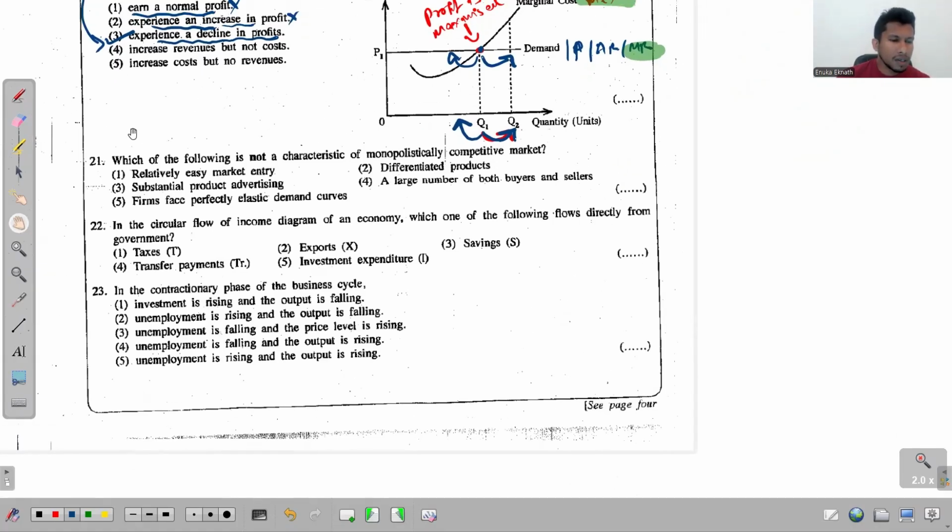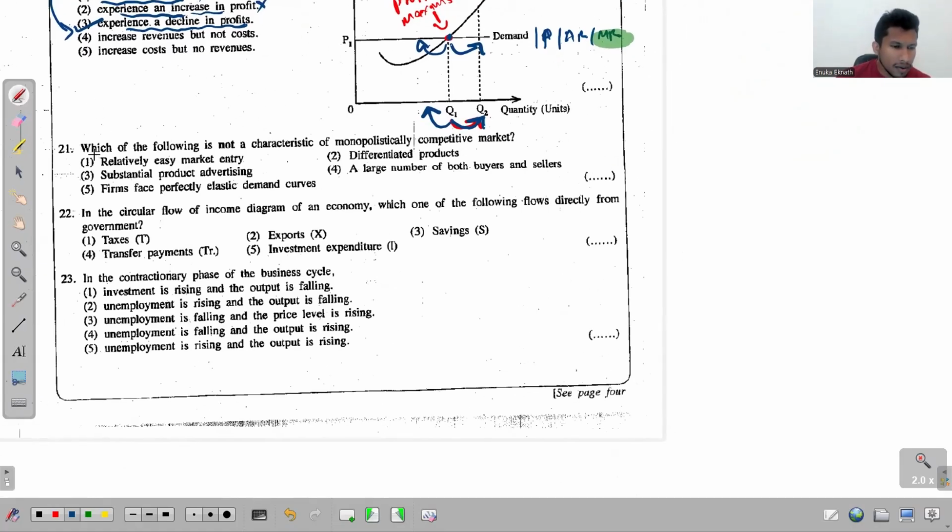Right, look at this question 21. Which of the following is not a characteristic of a monopolistically competitive market? Okay, monopolistic competition.